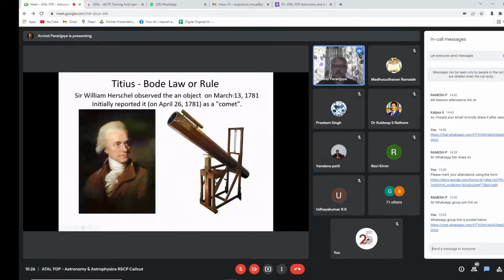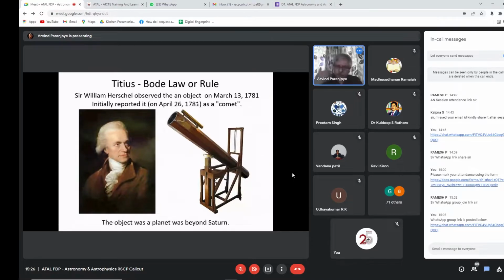He first observed it on 13th of March, and then actually reported much later, on 26th of April, that he had discovered a comet. Now, by this time, the laws of planetary orbits had been formulated by Johannes Kepler, and it was known how the planets go around in elliptical orbits.